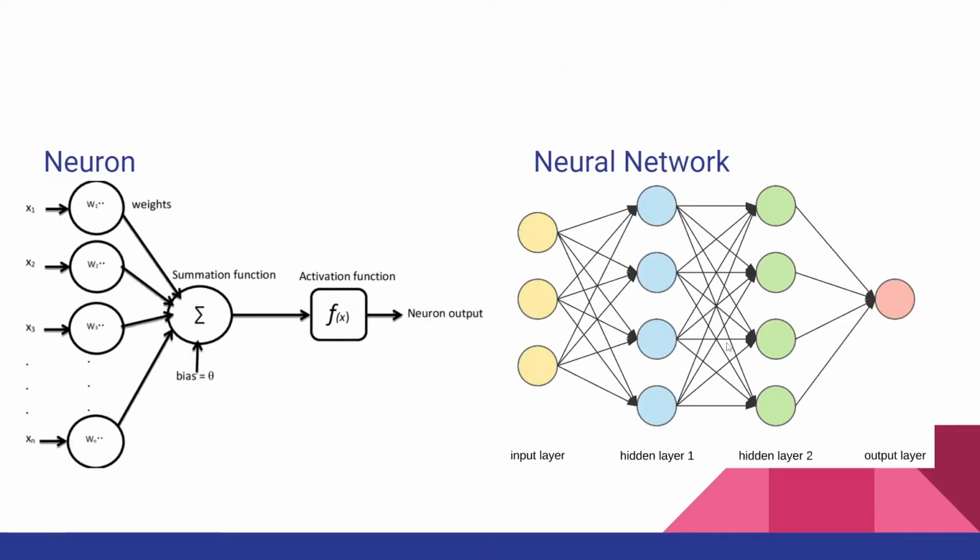A neural network takes in input data, processes it through these series of hidden layers over here, and produces an output, which is this pink node over here. The hidden layers are made up of neurons. This is how a neuron looks.